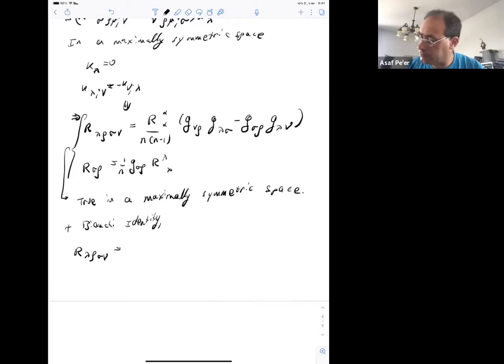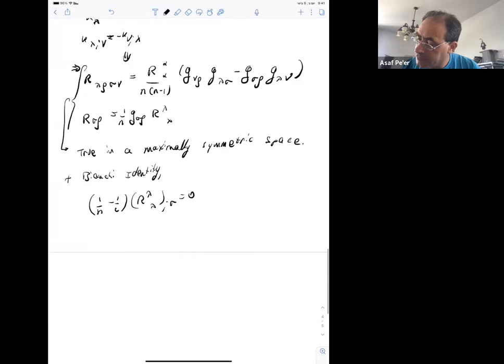Sorry, I skipped that step. Using the Bianchi identity, we could write down (1/n - 1/2) partial lambda R sigma is equal to 0, which means that for n, the number of dimensions, greater than 2, the R, or R lambda lambda, is constant.